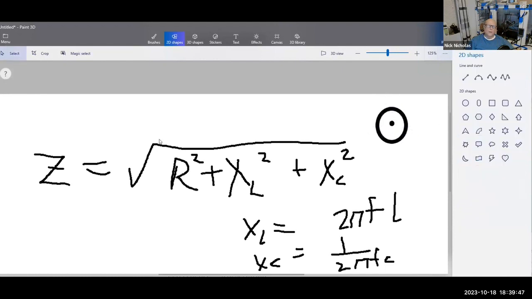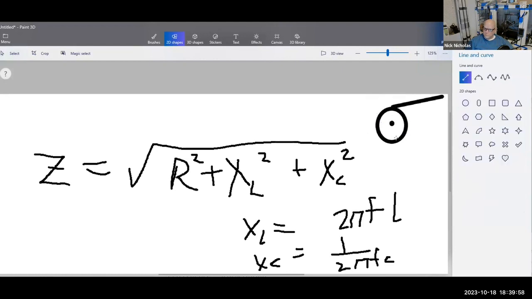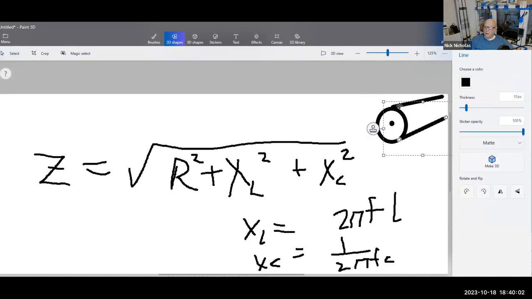And the whole thing, the cable itself, well, it's got components of itself that are inductive, and components of itself that are capacitive.